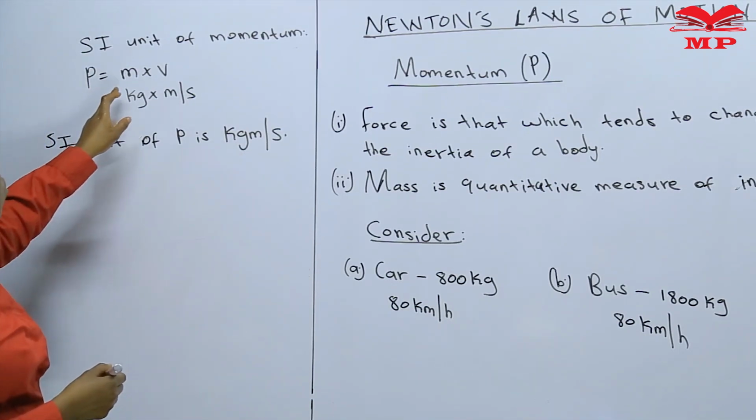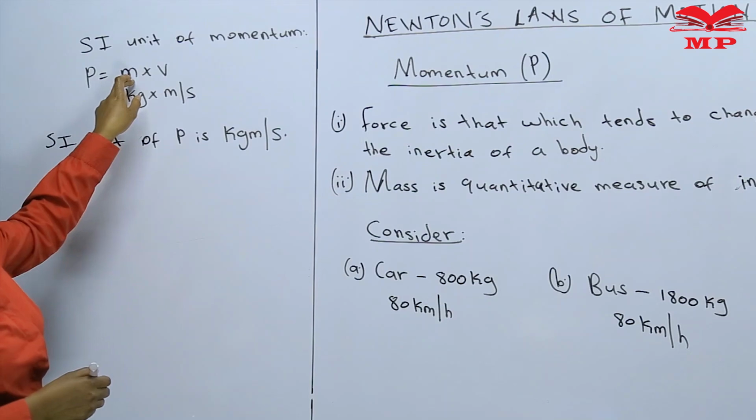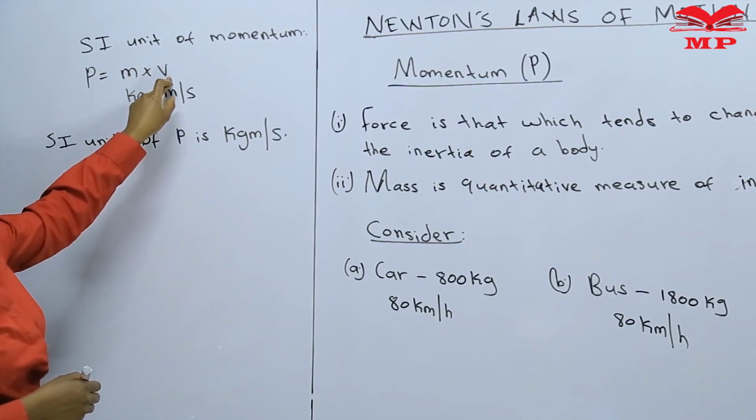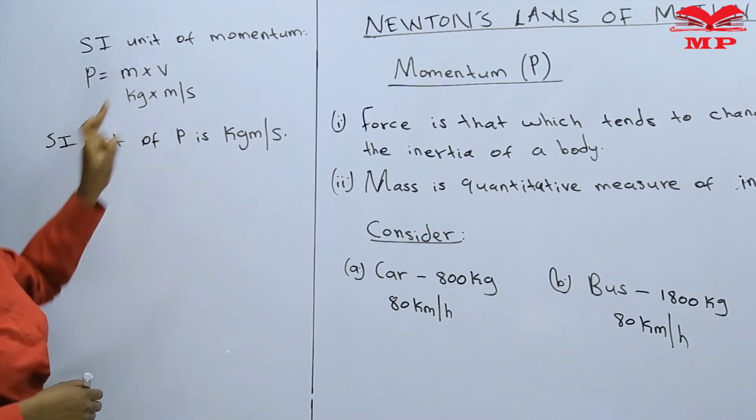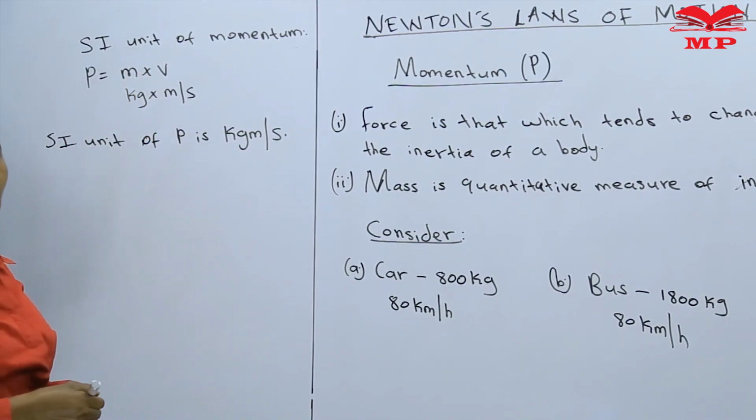And again, mass is a scalar quantity, and velocity is a vector quantity. A scalar quantity multiplied by a vector quantity is a vector quantity.